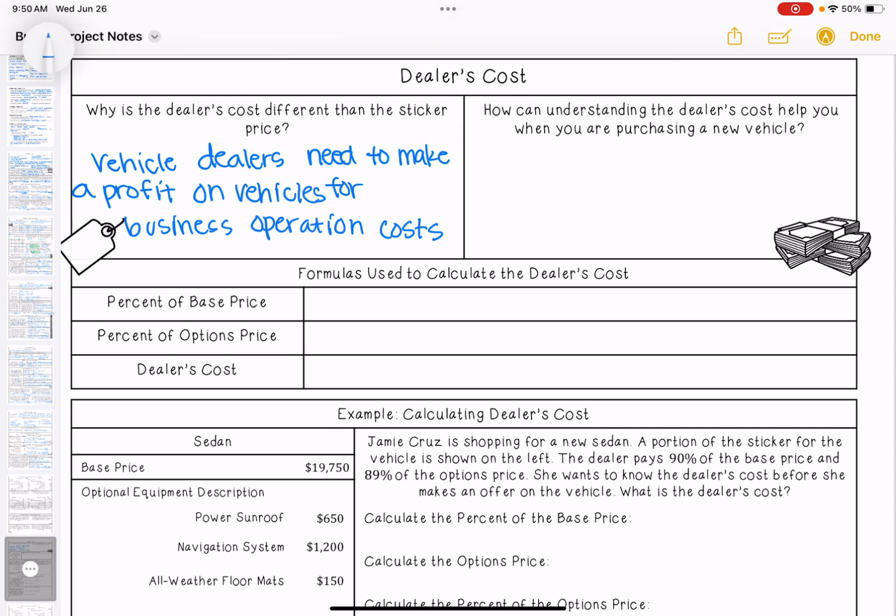All right, the second question, how can understanding the dealer's cost help you when purchasing a new vehicle?